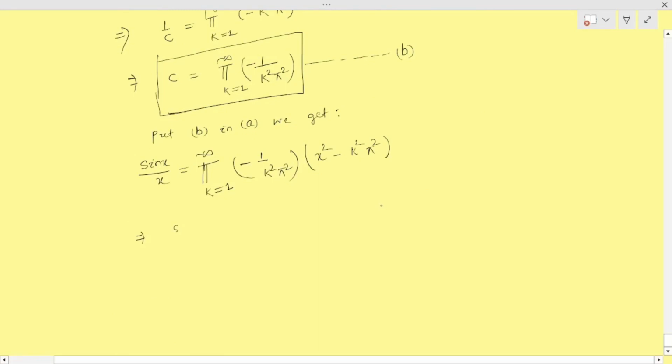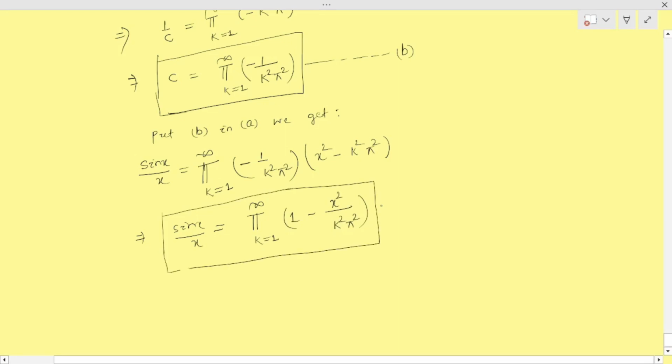That implies sin x by x will be equal to the infinite product from k equal to 1 to infinity. If I multiply this term with these terms, we find this will be 1, plus 1, and this term will be minus x square by k square pi square, right? This is equation number c.